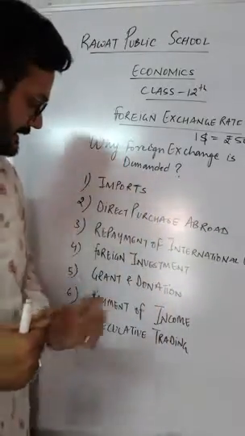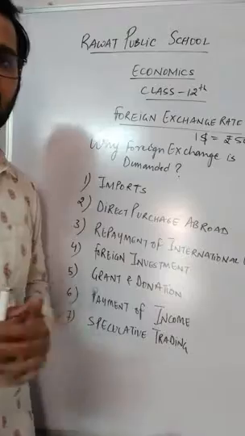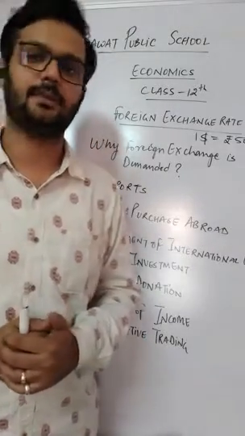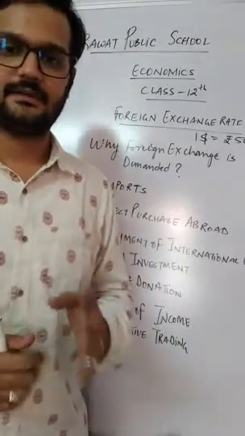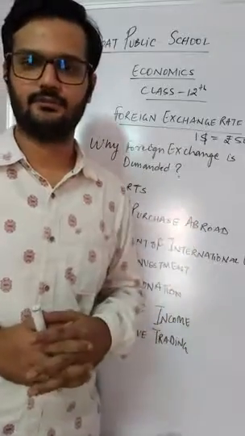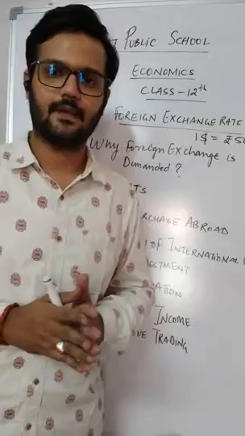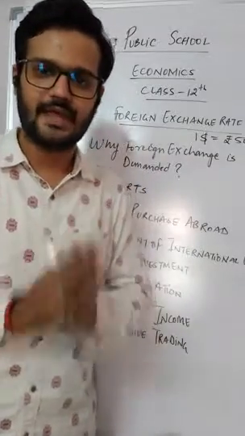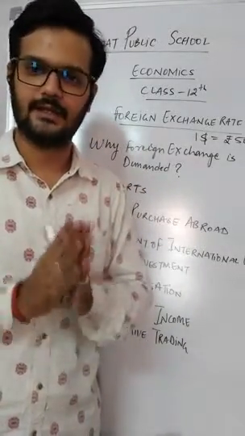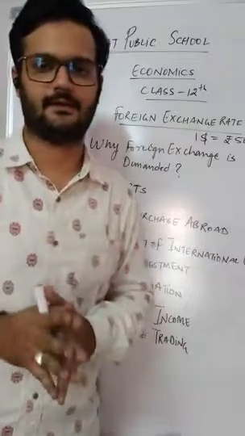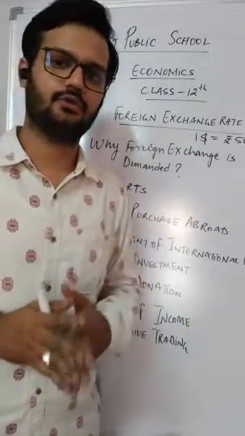Okay. Next is payment of income. What is payment of income? There are basically four factors of production. What is a factor of production? Basically, if you want to produce anything, you require four things. What are those things?